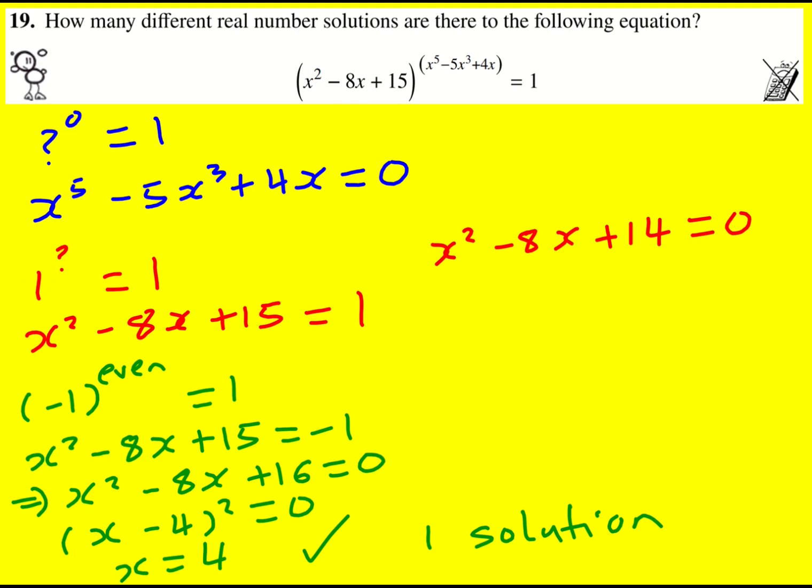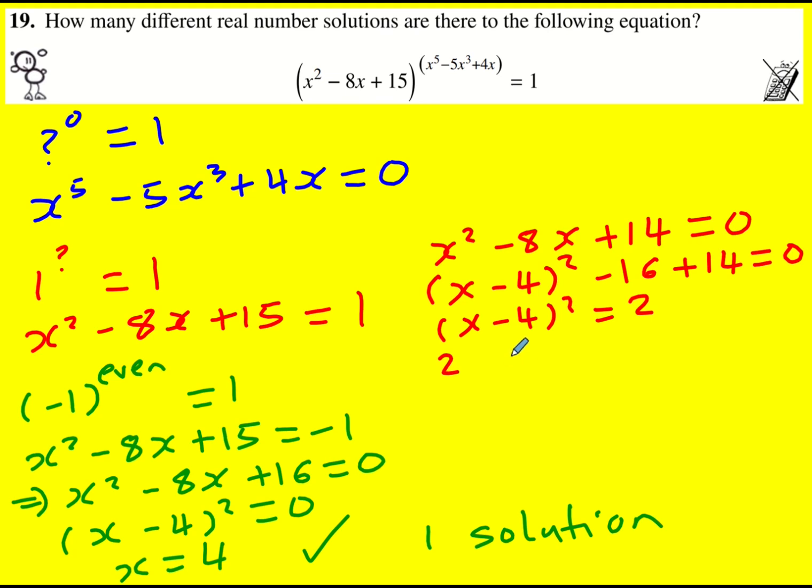So I'm going to complete the square. It's going to be x minus 4 squared minus 16 plus 14 is equal to 0. So x minus 4 squared is going to equal 2. And that's enough to see there's going to be two distinct solutions.